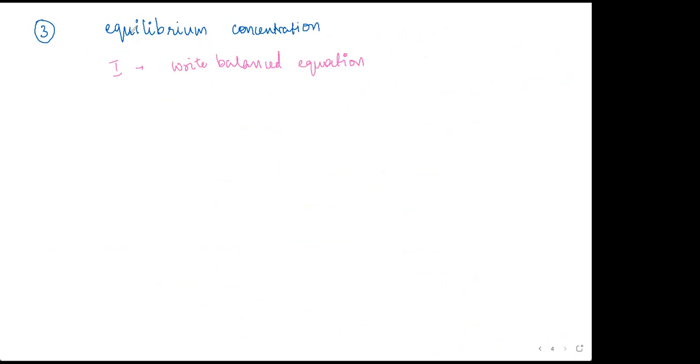Okay. So how do you calculate the equilibrium concentration of either the reactants or the products? Basically, you write the balanced equation. Second step, you make a list. First, the initial concentration that you've taken of the reactants.